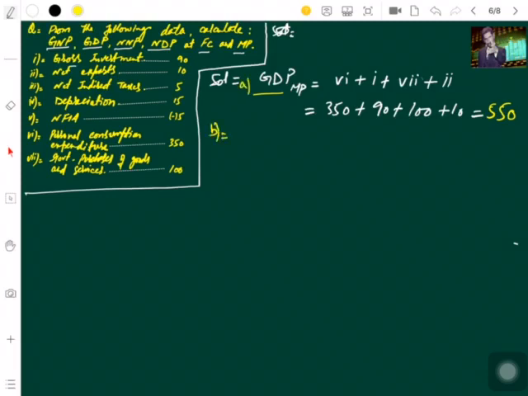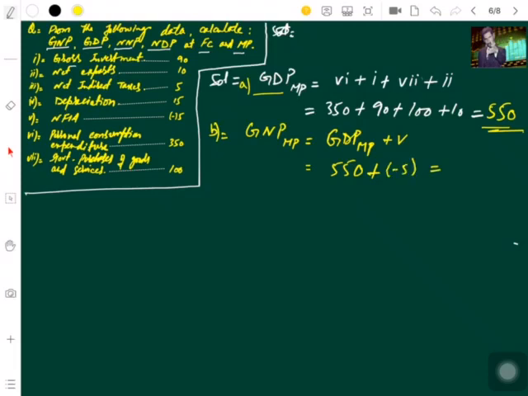B will be our GNP at MP, which is equal to GDP at MP. And what we require here, NFIA, is it given? Yes, plus fifth, which will come equal to 550, what we calculated here, plus NFIA, minus 5.